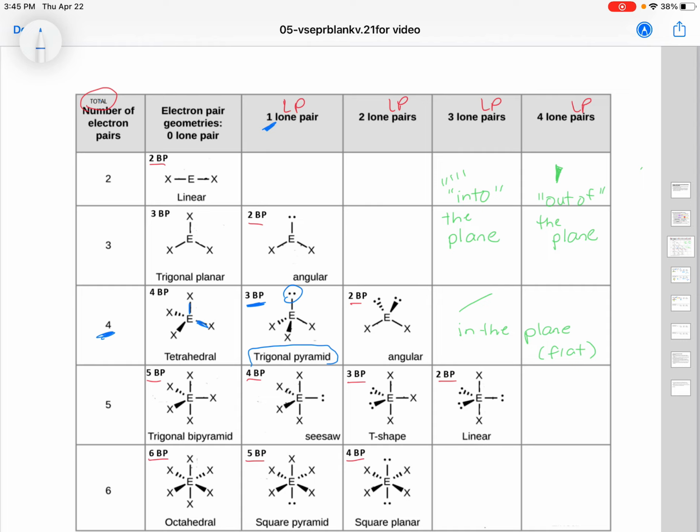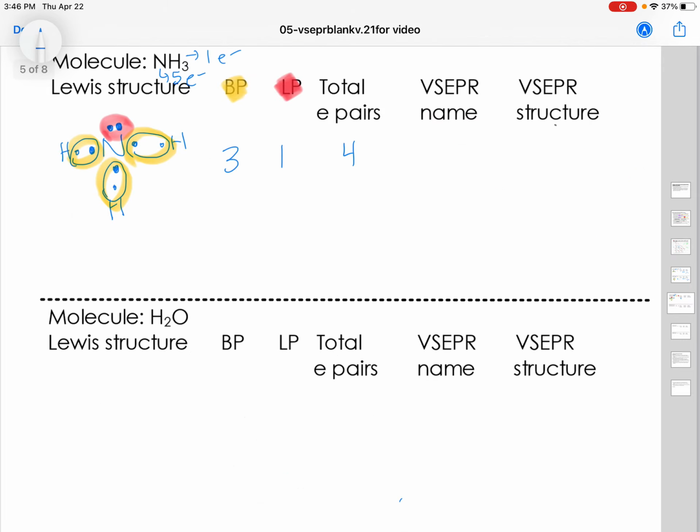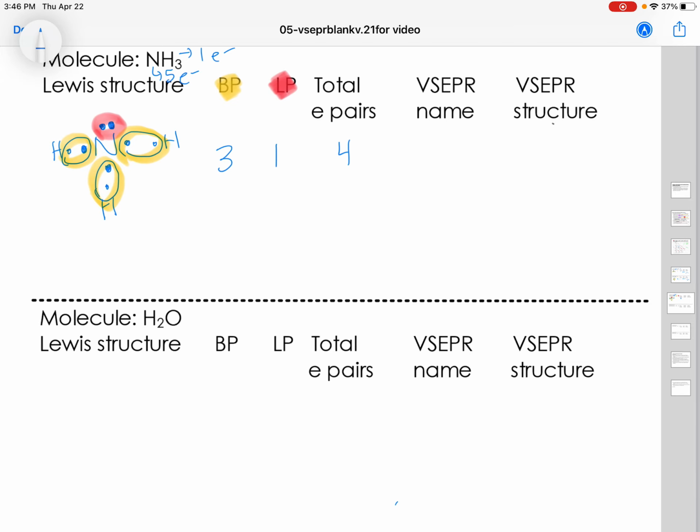This molecule now has a lot of its negativeness, or its electron density, concentrated at the top, and the bond pairs, which are localized, are concentrated at the bottom, which means that now this molecule has very little symmetry. So the sharing in the overall molecule is no longer equal. That is how we are going to determine whether an overall molecule is polar or not, we'll do that later. So this is the VSEPR name, trigonal pyramid.